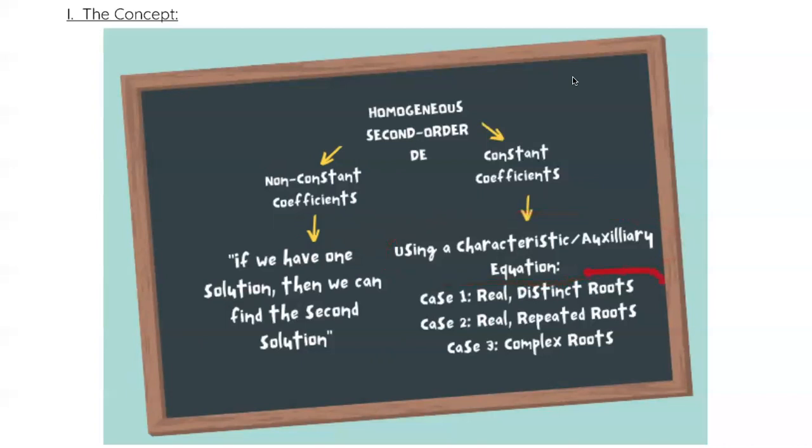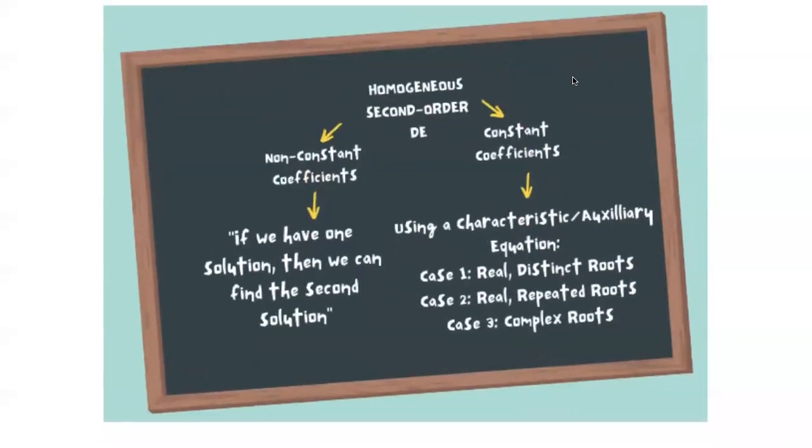Tomorrow, we're going to be looking at 3 different cases for those solutions. It will be important to know these 3 if you plan to take another differential equations course, like ordinary differential equations or partial differential equations. You will see these 3 cases again.